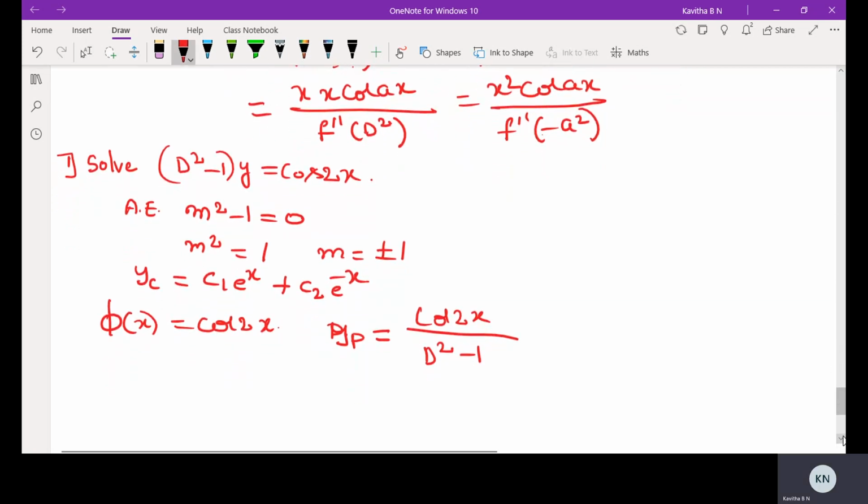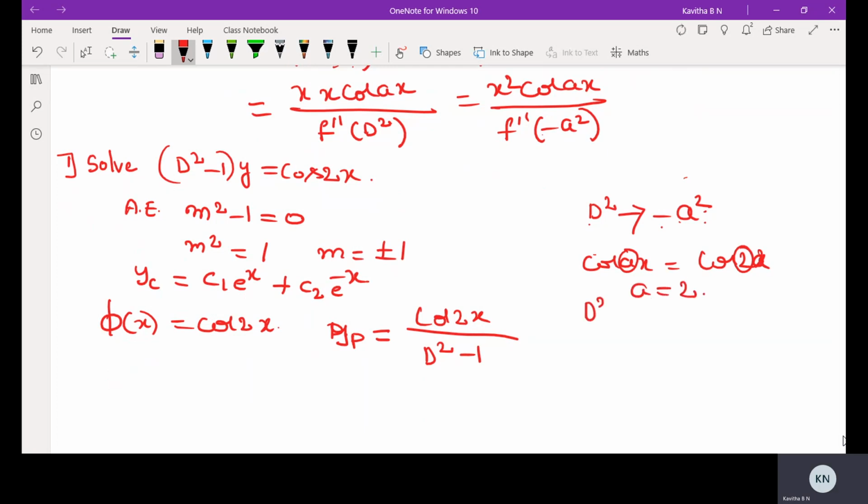Observe that in type 2, in place of D square we have to substitute minus a square. Comparing cos ax with cos 2x, a is equal to 2.